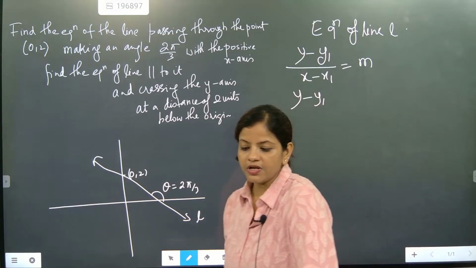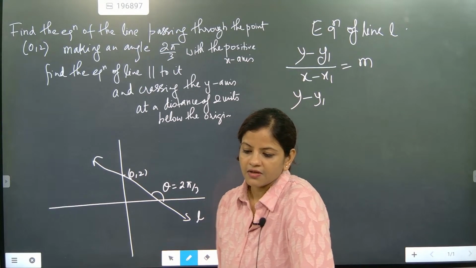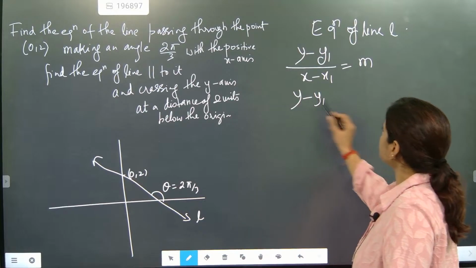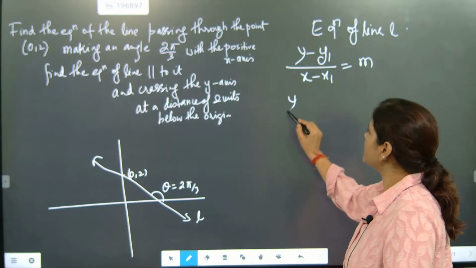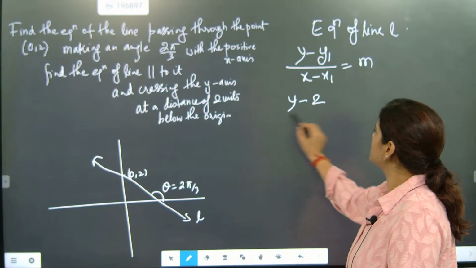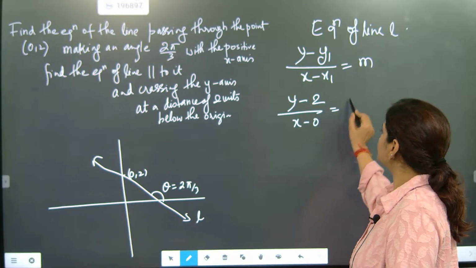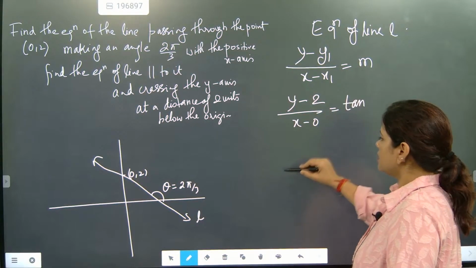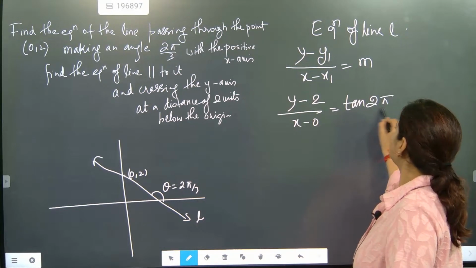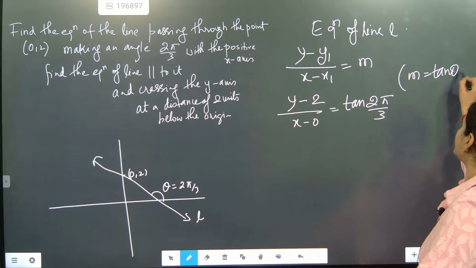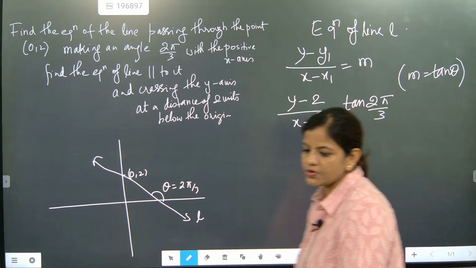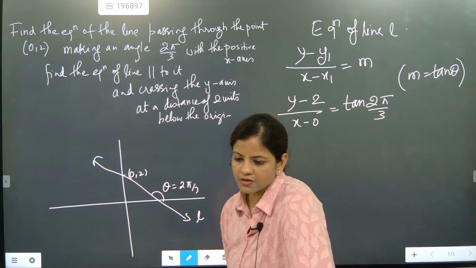Okay. So y minus y1. What is y1 here? y1 is 2. x minus 0 is equal to tan 2 pi by 3, because here slope m is equal to tan theta.